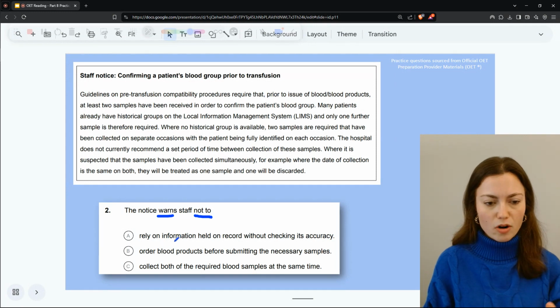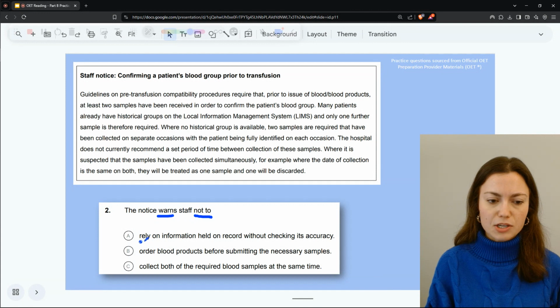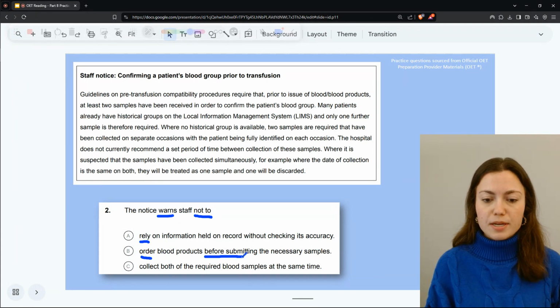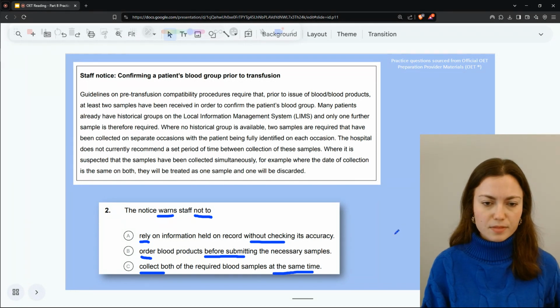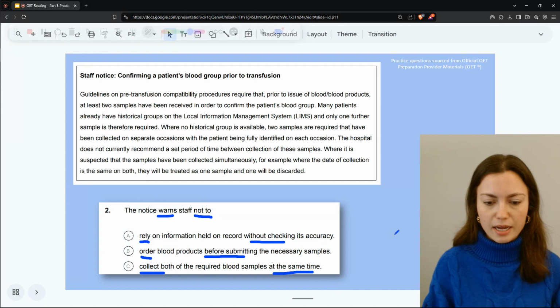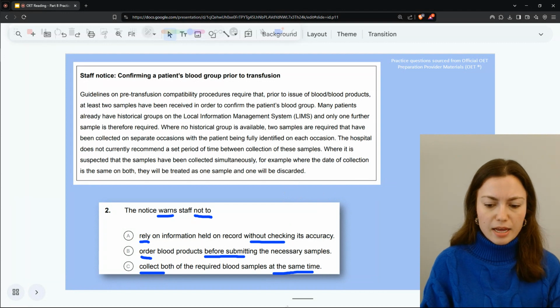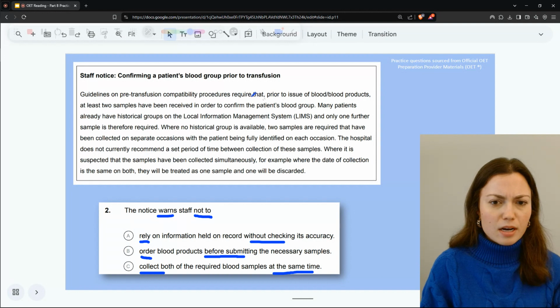Now, our options: rely on information held on record without checking its accuracy, order blood products before submitting the necessary samples, collect both of the required blood samples at the same time. Okay, so when you're looking in your text, what are you trying to focus on? Well, is there any information that rules out these options? And let's take a look even at this opening section here. What does it say?